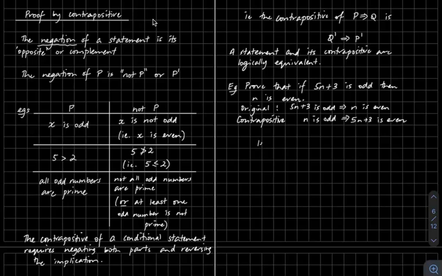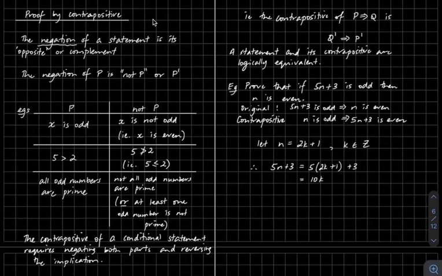So let's prove that. Let n be equal to 2k plus 1, where k is any integer. Therefore 2k plus 1 would always be odd. Therefore 5n plus 3 is equal to 5 lots of 2k plus 1 plus 3.